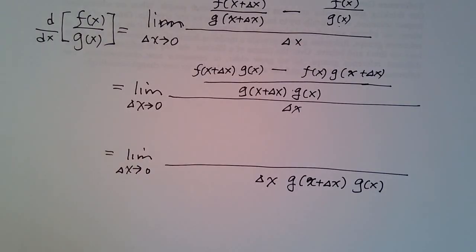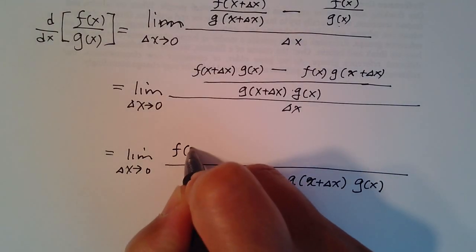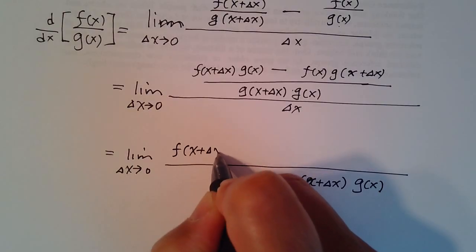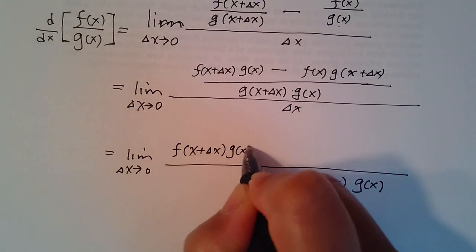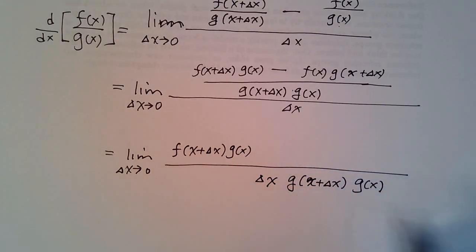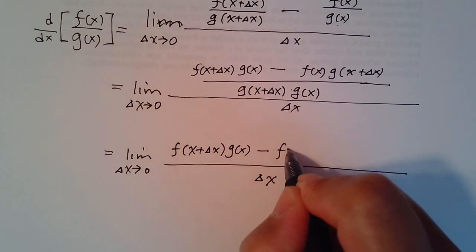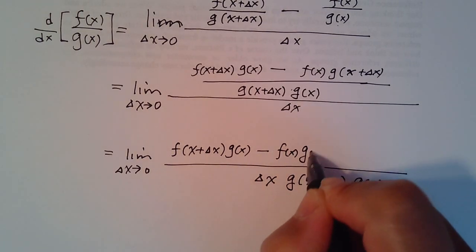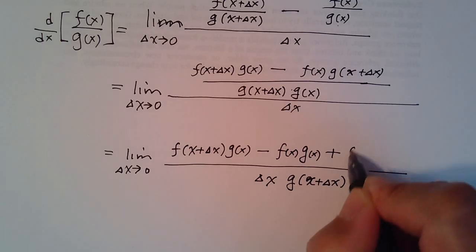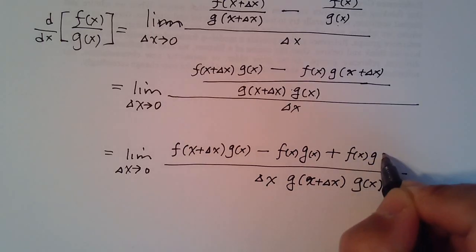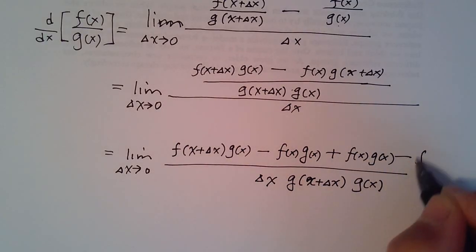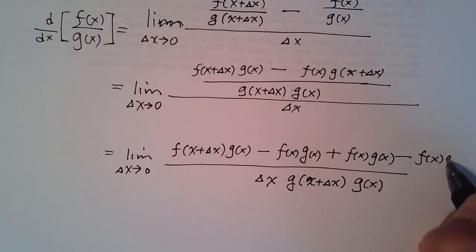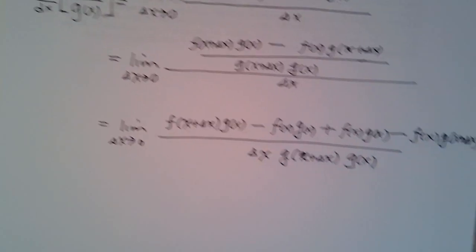So I'm going to, again, add a term minus a term just like what we did earlier. So far I just copy the first term. I'm going to add and subtract the same term. So I minus f of x g of x, and then plus f of x g of x, and then minus f of x g of x plus delta x.